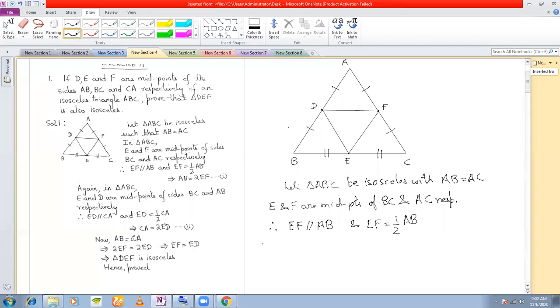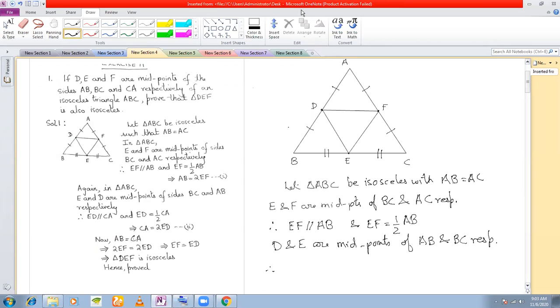Similarly, D and E are midpoints of AB and BC, respectively. Therefore, what can I say?